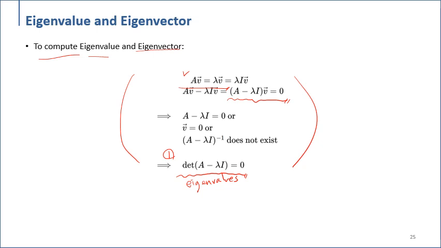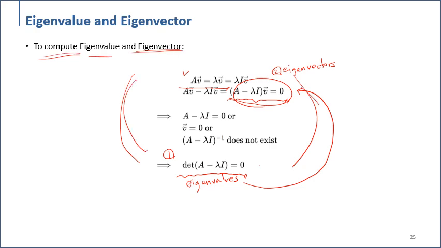And then by calculating its eigenvalues, we should find the eigenvector that satisfies these equations. So these are the two steps of computing eigenvalue and eigenvector.